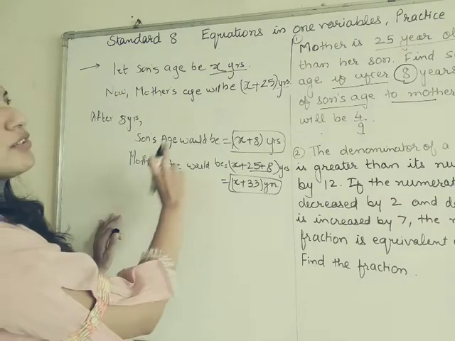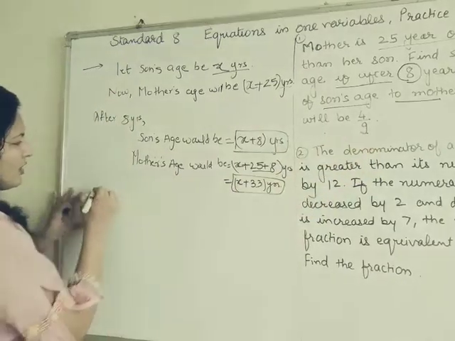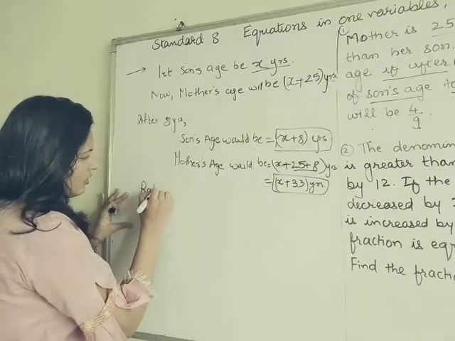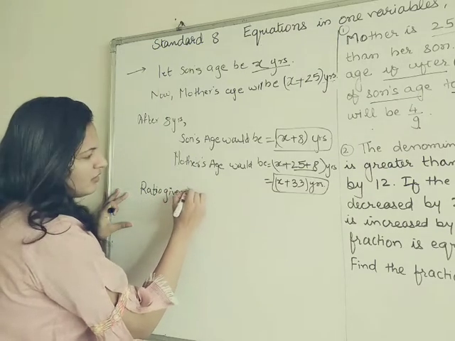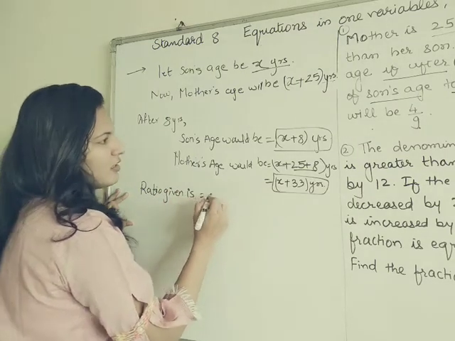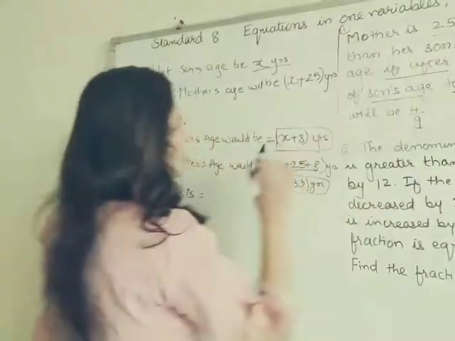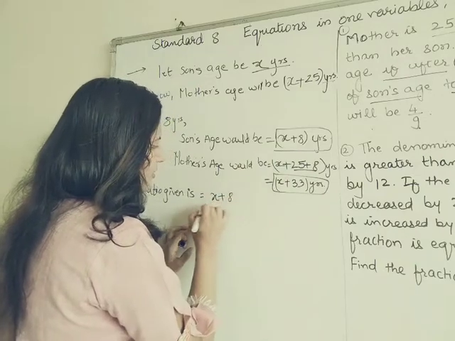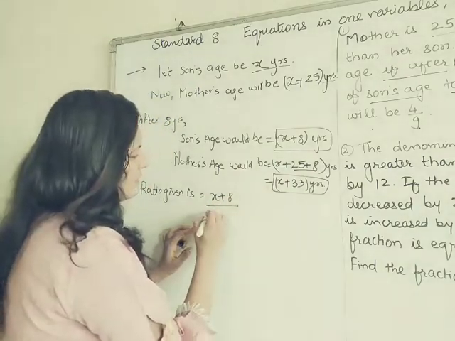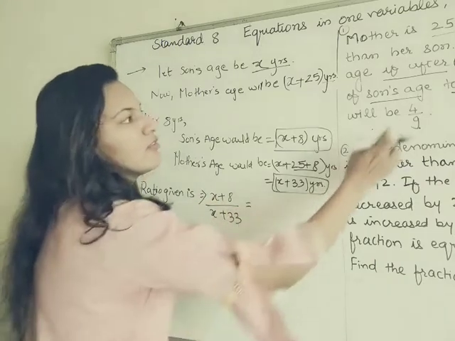So what we need to find out is both ages. The ratio given is 4/9, that is son's age to mother's age. So son's age after 8 years is X plus 8 divided by X plus 33 is equal to 4/9.